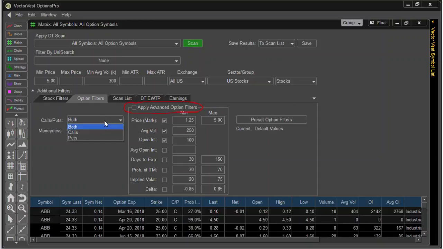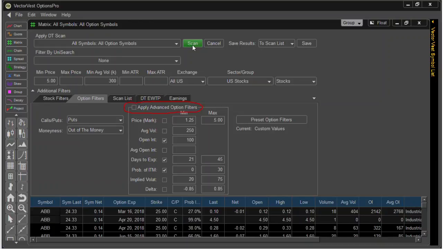Because what ends up happening is people say, all right, I want to do puts, out of the money, open interest 100, 21 to 45 days, and prob ITM from 0 to 30. And if you're wondering how do I get there, watch the videos, okay? But I'm showing you a really quick tip.